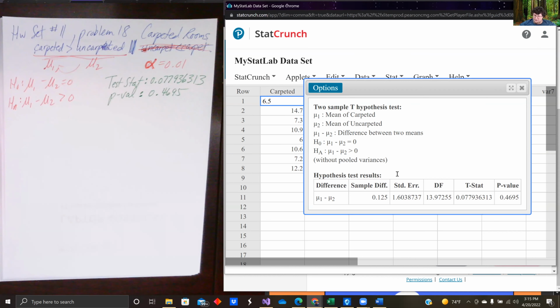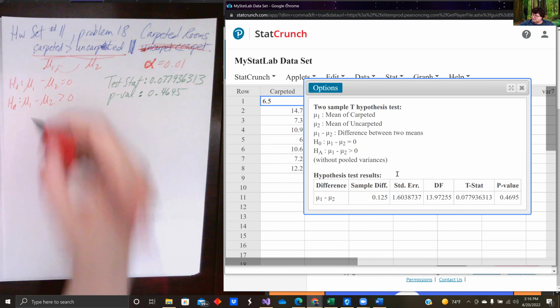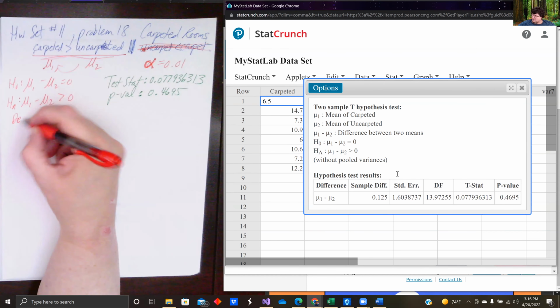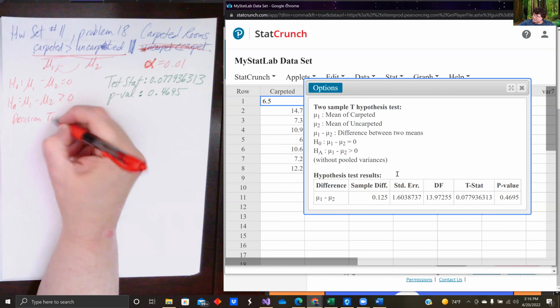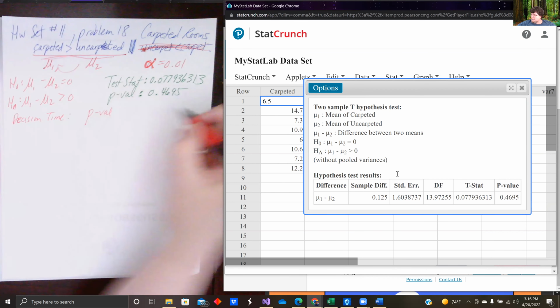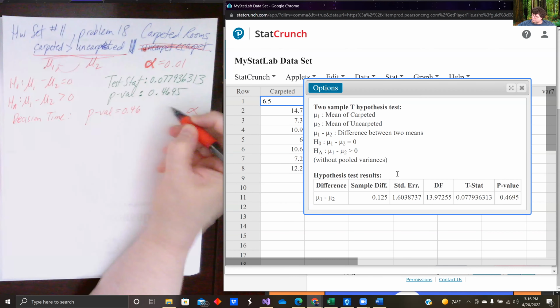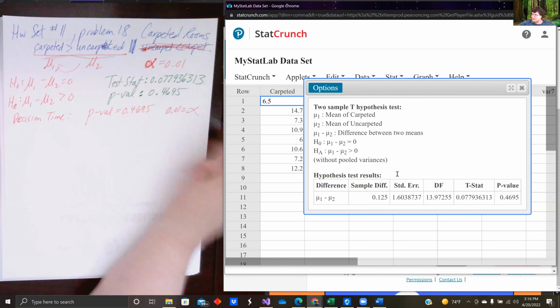So you've got that all written down. It's time to make a decision. Decision time. P-value and alpha. P-value is 0.4695. Alpha is 0.01.